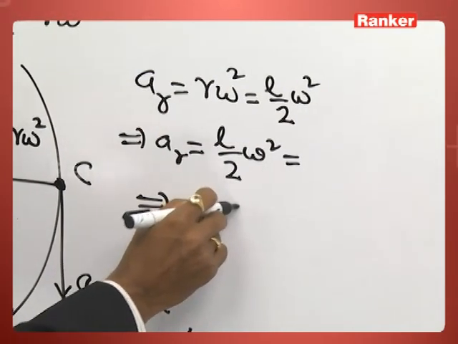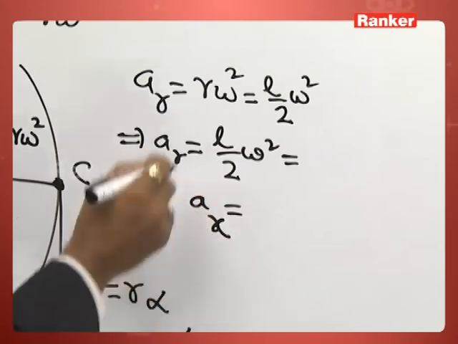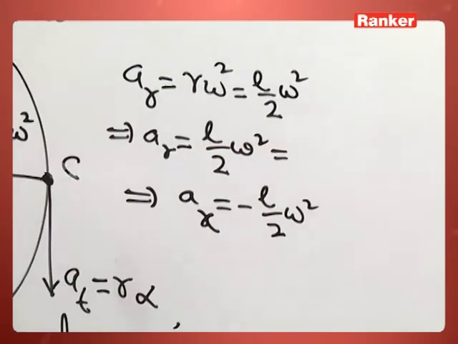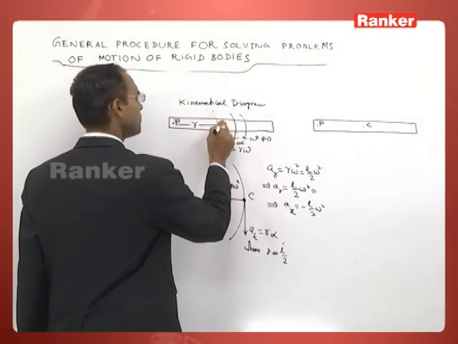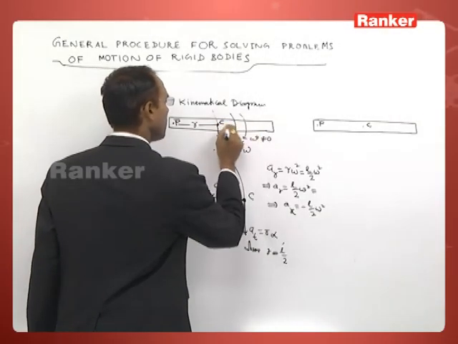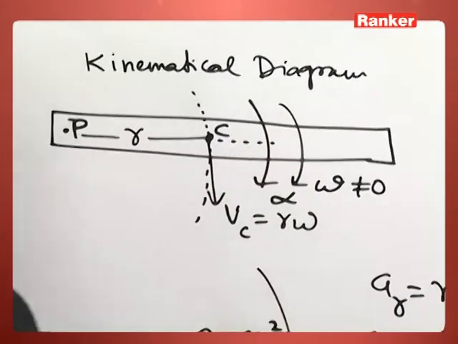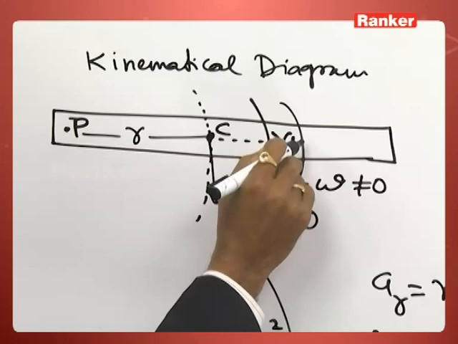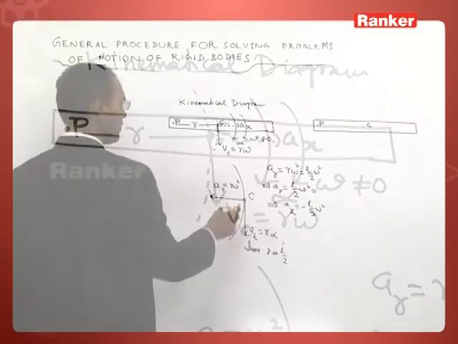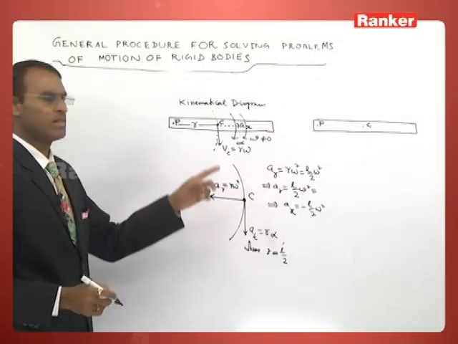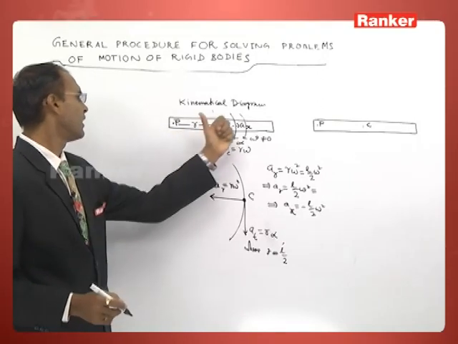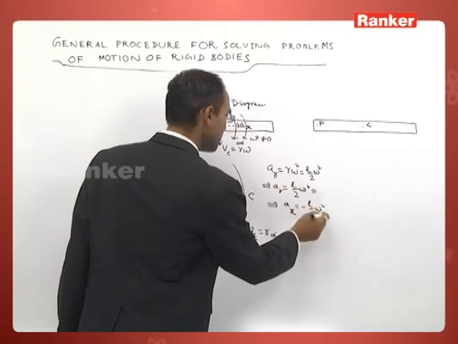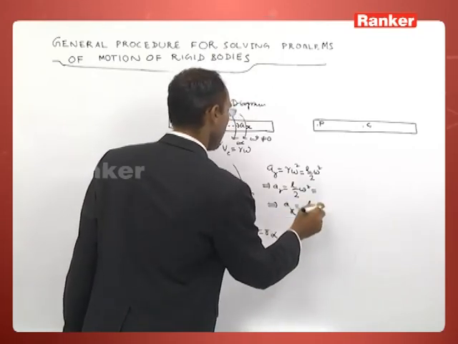So AR, or you can just write x, is equal to minus L by 2 omega square, because we have assumed the acceleration of this point along positive x direction, but actually this is accelerating along negative x direction. Therefore, it is minus L by 2 into omega square is equal to x.